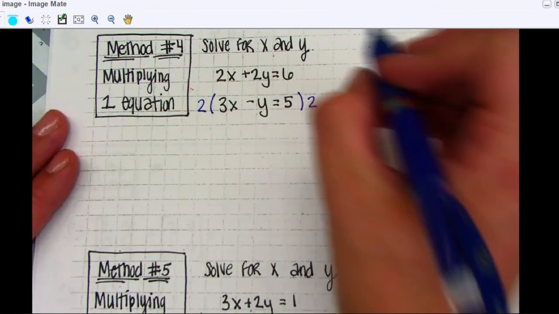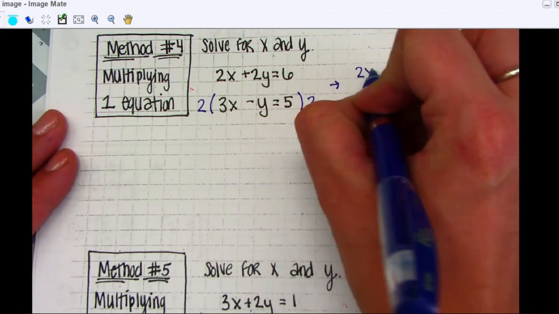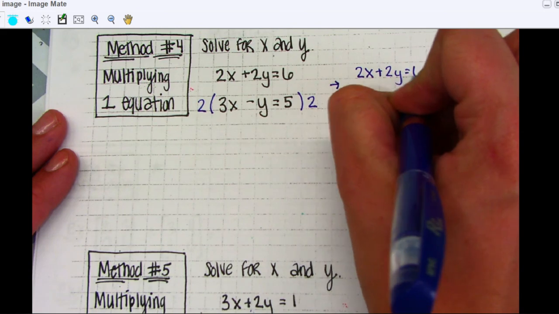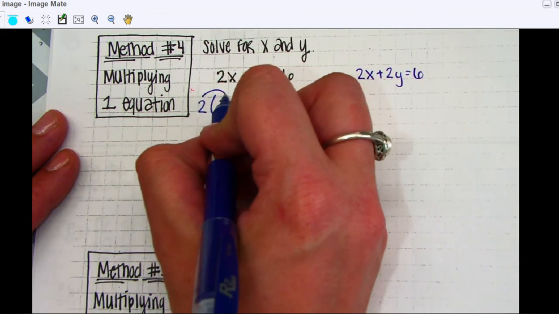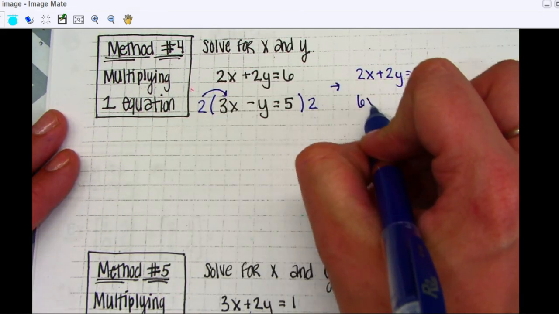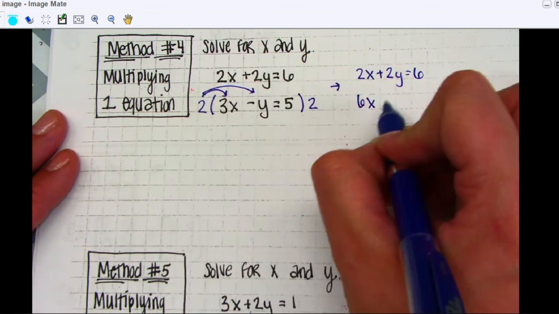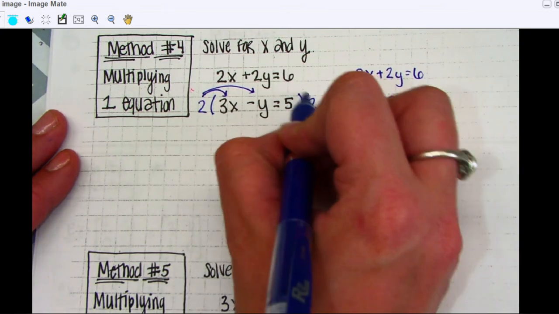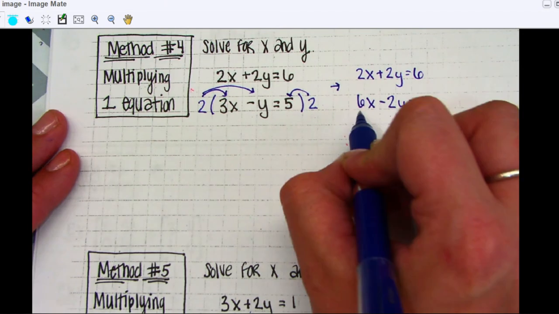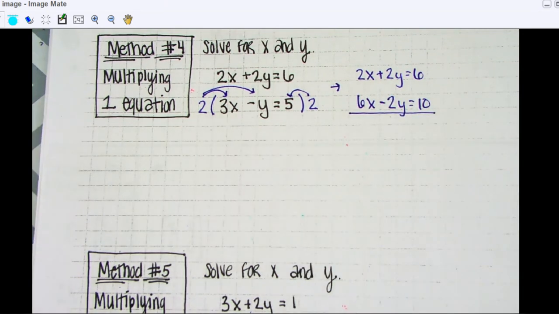Okay, so rewriting, we've got 2x plus 2y equals 6. 2 times 3 is 6. 2 times negative y is negative 2y. 2 times 5 is 10. So if you're trying to cancel y and you distribute and you don't get opposite coefficients, then you haven't multiplied by the correct number. So I want to get rid of y.